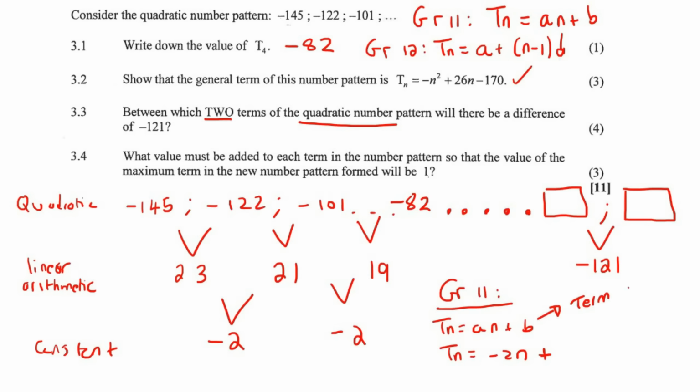Some of you are like, Kevin, how the hell do we find term 0? You can just imagine we had to go back to this one. This would be term 0 because this is term 1. So term 0 would be 25, right? So I'm going to say plus 25. Okay, so that's how we'd get the formula in grade 11.